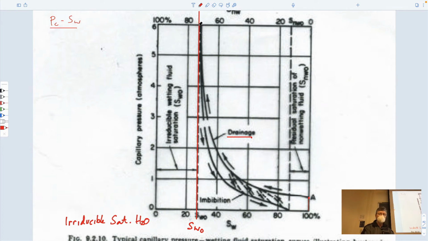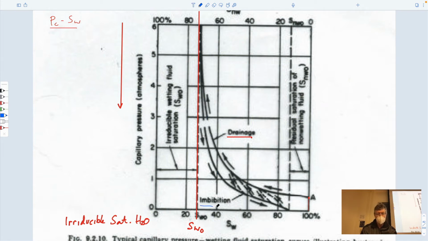Now you start backing off the gas pressure that you've added to it. So as you back off the gas pressure, then you come down here. This is an atmosphere, it's a pressure in this case. So as you come down here, you come down on a second curve. The curve that you come down on is the imbibition curve, which I'm covering in blue, if you can see it, not very well.